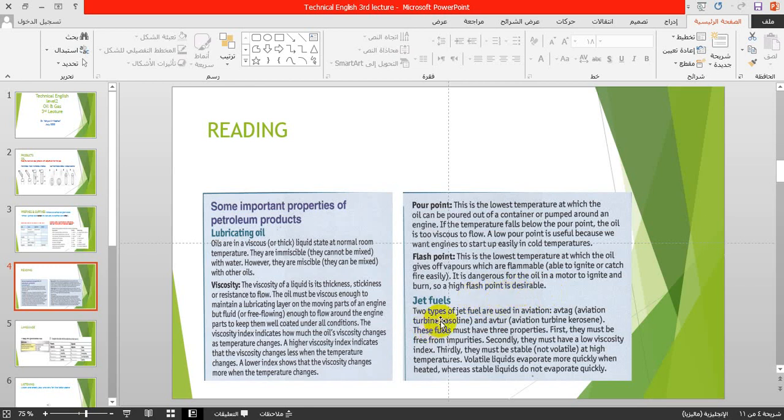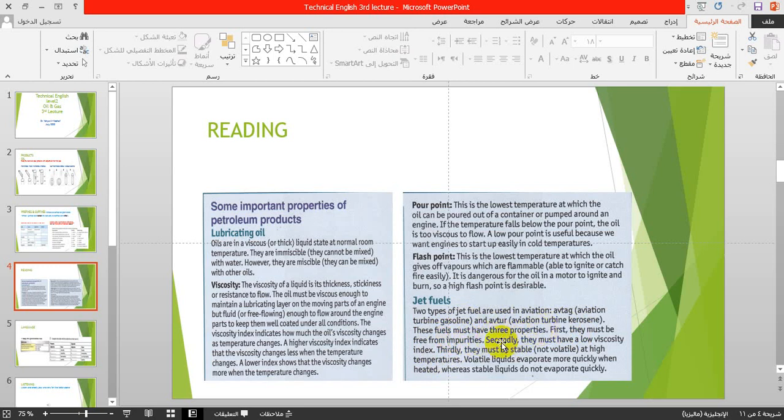Jet fuels. Two types of jet fuels are used in aviation: AVGAS, aviation gasoline, and AVTUR, aviation turbine kerosene. So kerosene and gasoline. These fuels must have three properties.